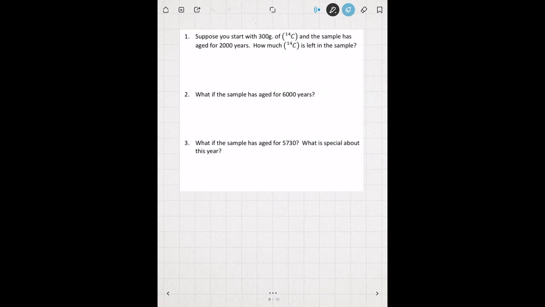Now, let me remind us that the exponential function for radiocarbon was A sub 0 times 2.718 to the exponent negative 1.2 times 10 to the negative 4 power times t.